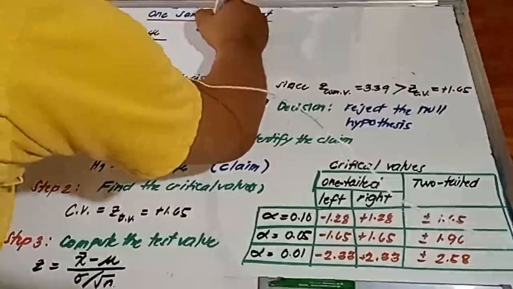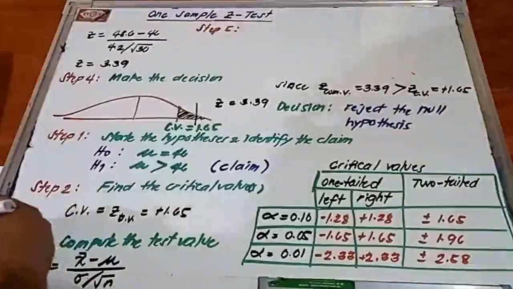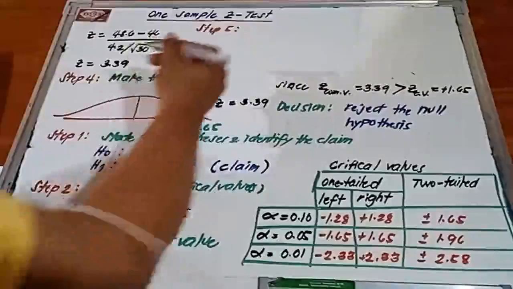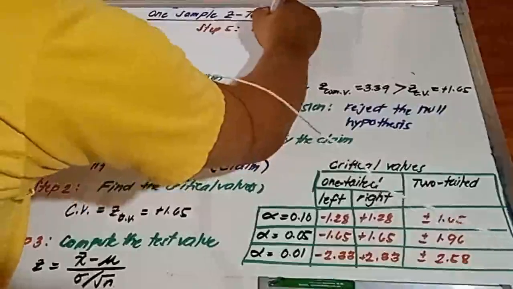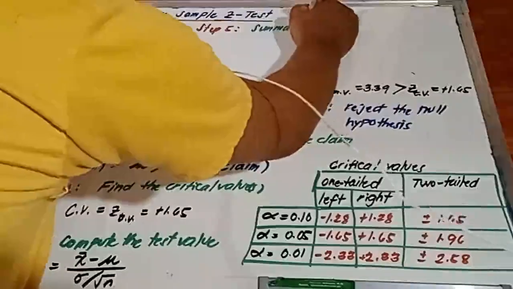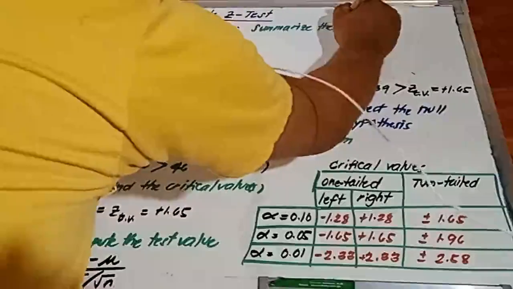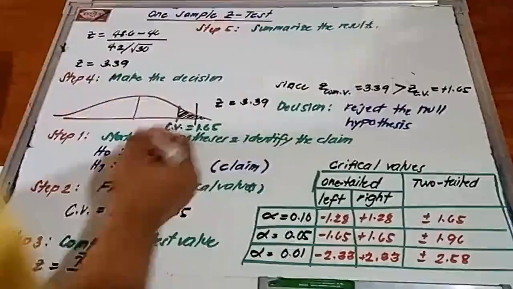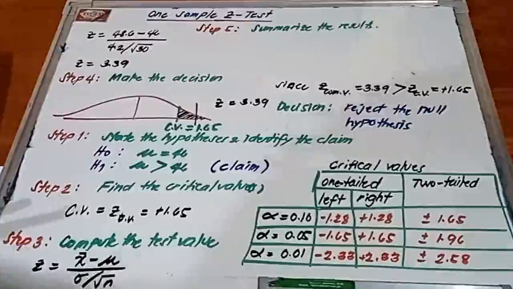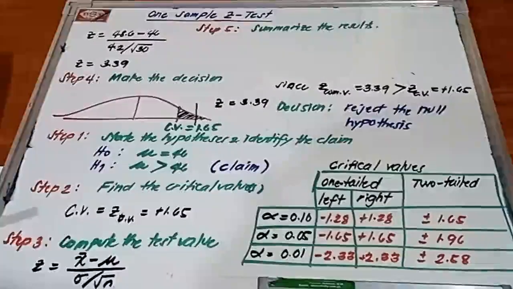Okay, step number 5. Summarize the results. Tama ba yung claim? Tama po. Naniniwala si researcher na mas matatanda ang average age ng ating doctors na sinabanggit niyang hospital system kumpara sa national average.